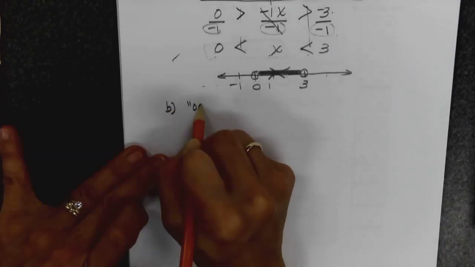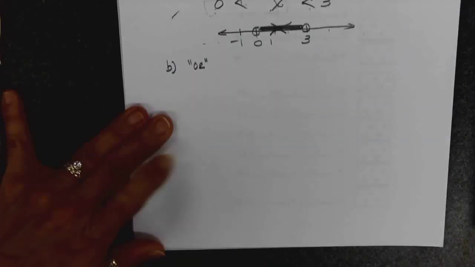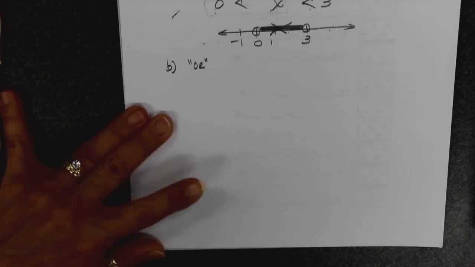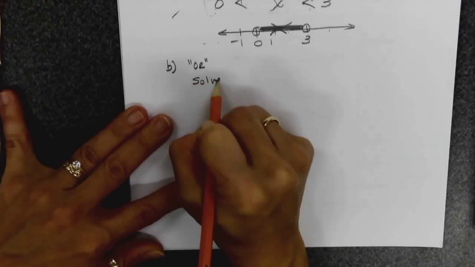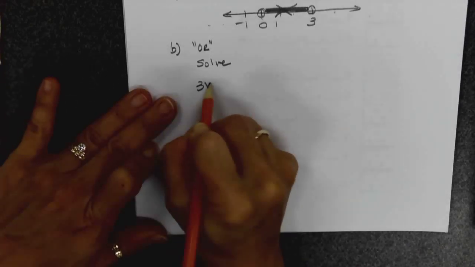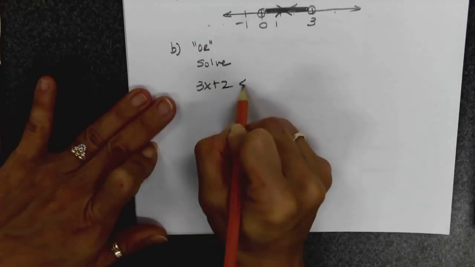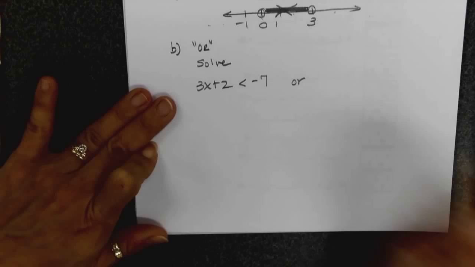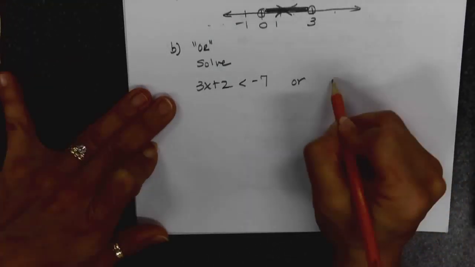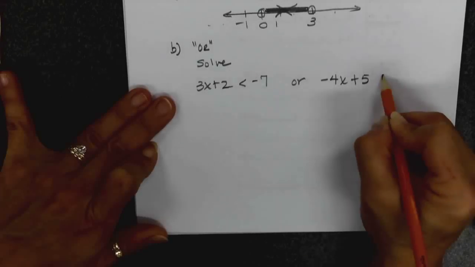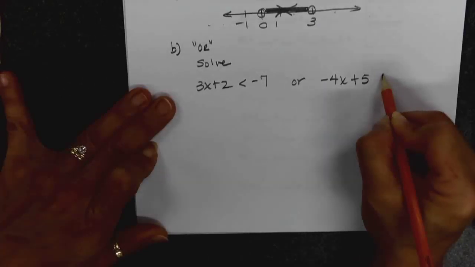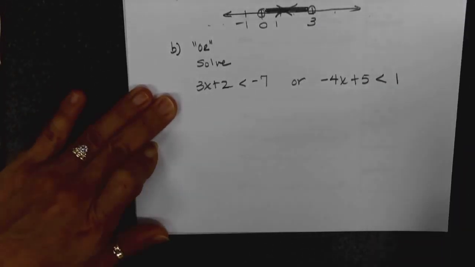All right, let's do an or. Here's an or. They will give it to you separately with the or between them. Ready? It says solve 3x plus 2 is less than negative 7, or negative 4x plus 5 is less than 1.